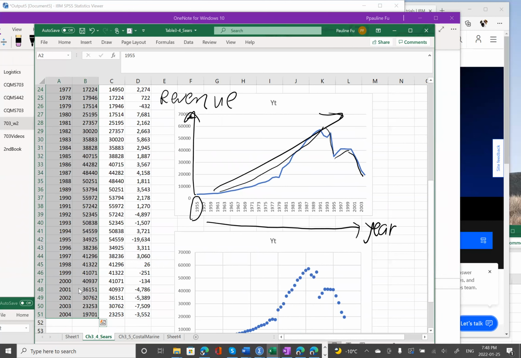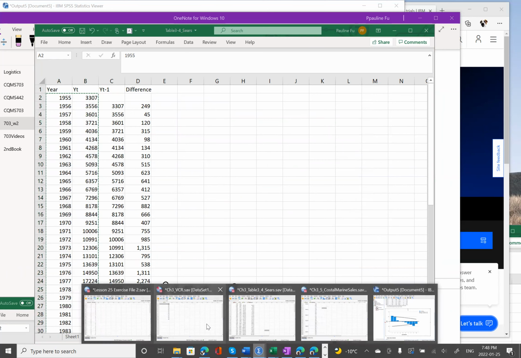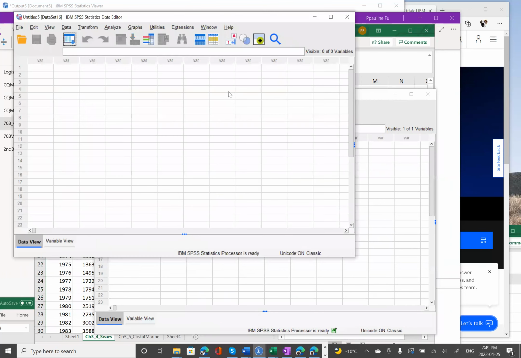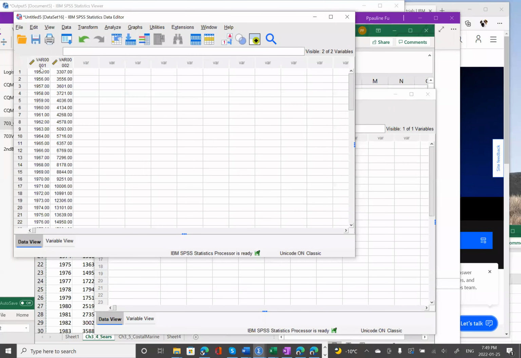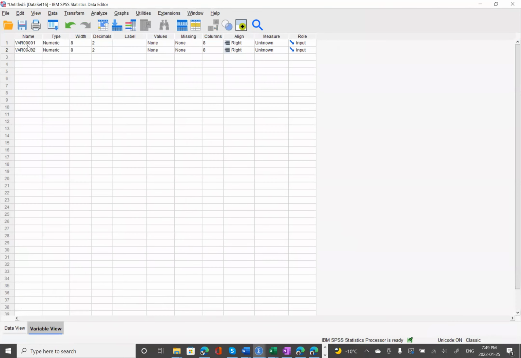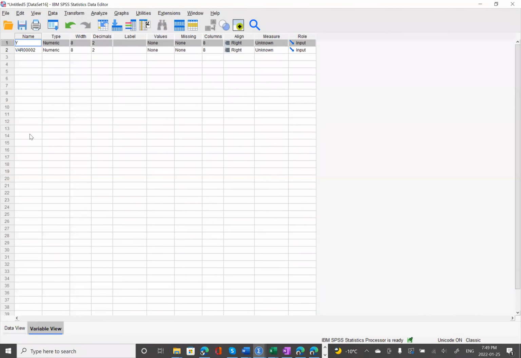Select the data, right click, copy, then go to SPSS, click File, New, and paste with Control V. Now you need to change the variable names: instead of VAR0001, this is year or time, and this variable is the revenue.